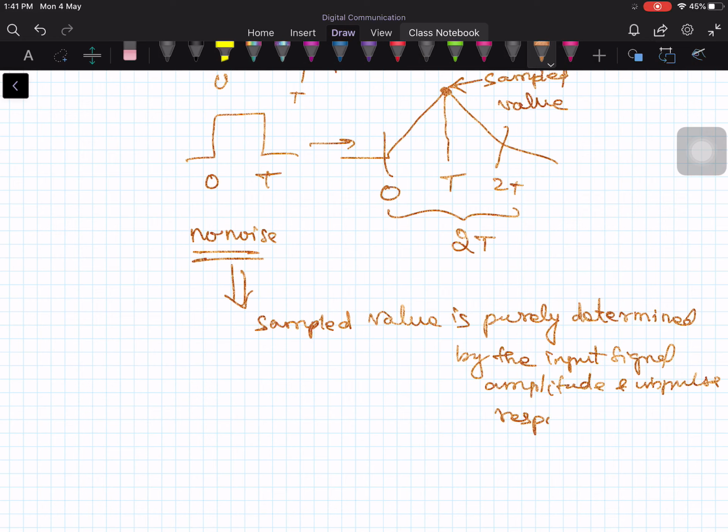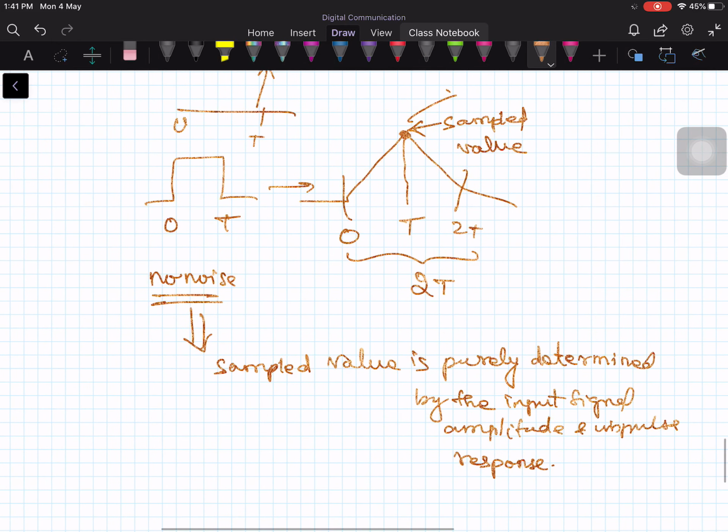But in reality, the input signal is added with noise. So there will be variation around this peak value due to the presence of noise. If there is noise, then the sampled value will not be the true value. Therefore one will not get the true peak value which one would have expected if the signal alone was the input to the matched filter.